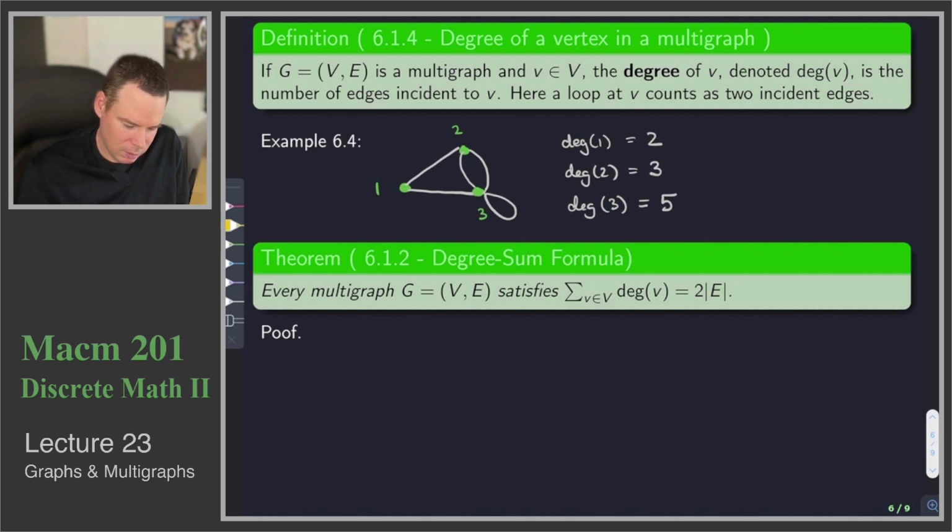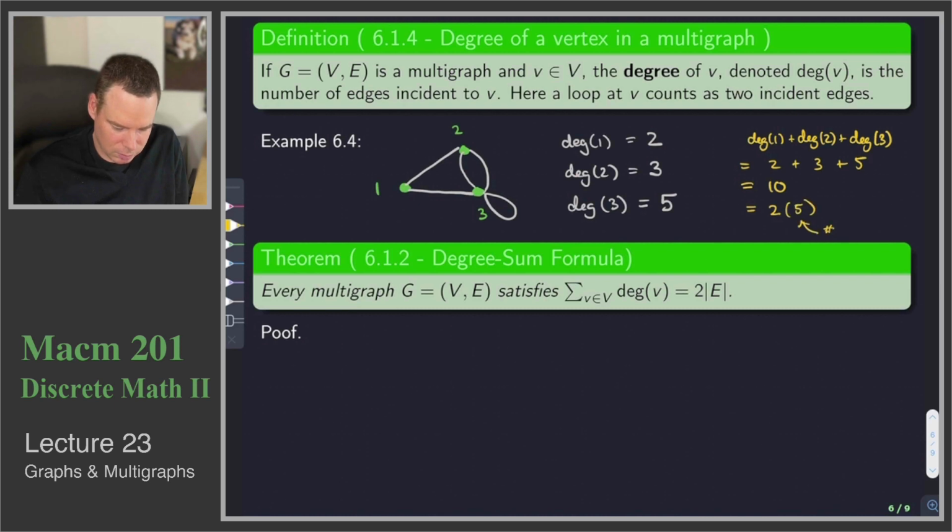If I take the degree of 1, add it to the degree of 2, add it to the degree of 3, what I get is 2 plus 3 plus 5, or in other words 10, and that's precisely twice the number of edges. That's 2 times 5, where 5 is the number of edges.